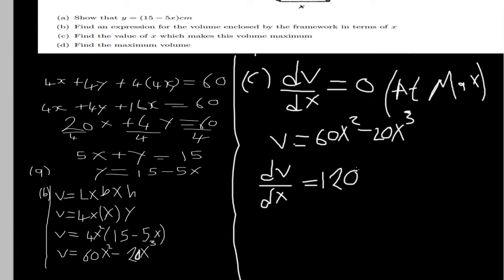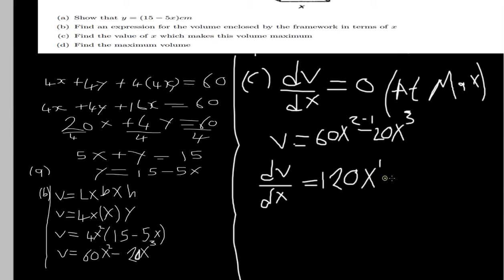Then you write the x, and you subtract the power by 1. So 2 minus 1, there I'm going to have 1. I can just leave it like that, or let me put it for the sake of understanding.